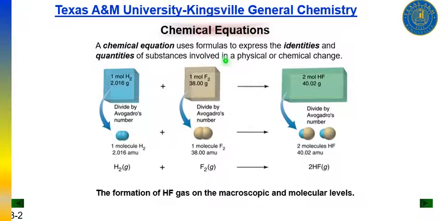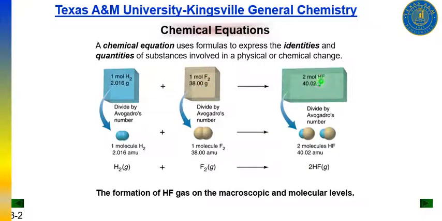Our first topic will be the chemical equations. A chemical equation uses formulas to express the identities and quantities of the substances involved in physical or chemical changes. For example, you have 1 mole of hydrogen gas reacted with 1 mole of fluorine gas.